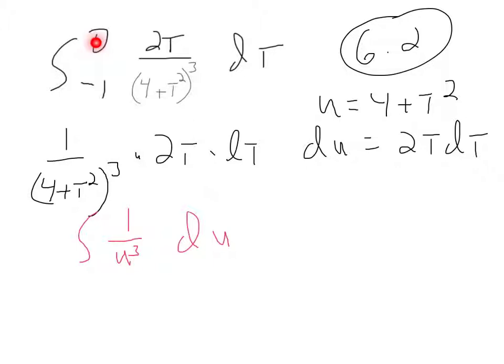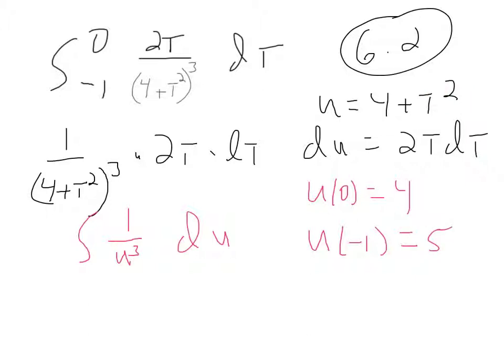So what you have to remember to do is, let's see, what's u of 0? Well, if I replace t with 0, 0 squared is 0, plus 4 is 4. And what's u of negative 1? Negative 1 squared is positive 1, 4 plus 1 is 5.